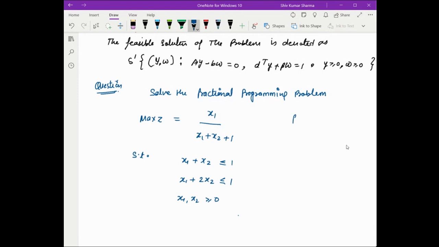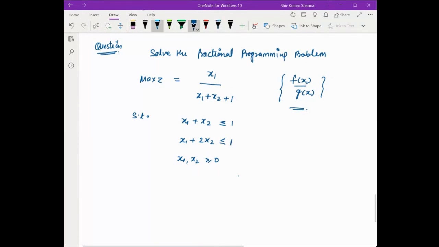This is in the form of fx upon gx. Now note down this problem.